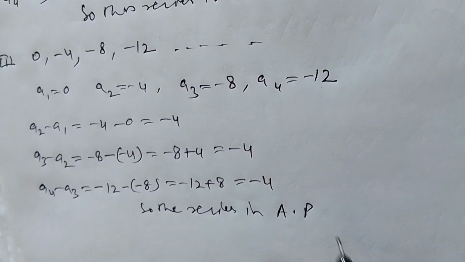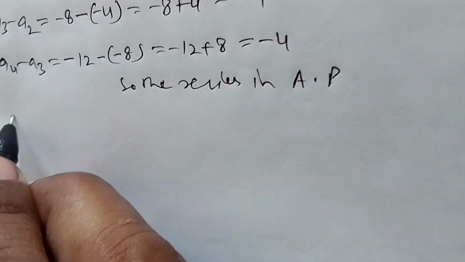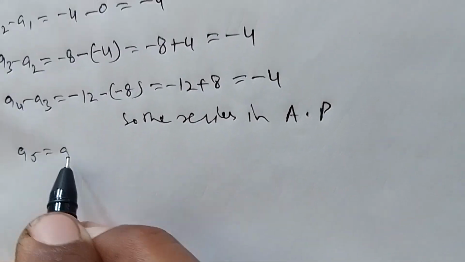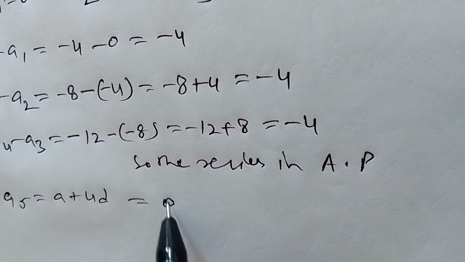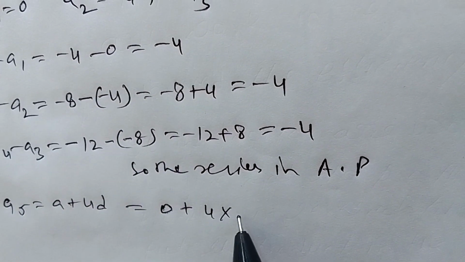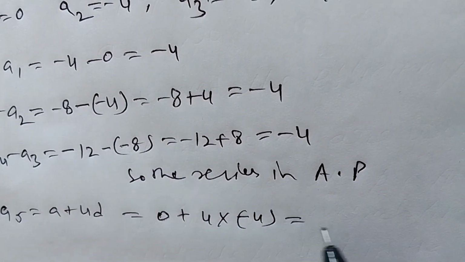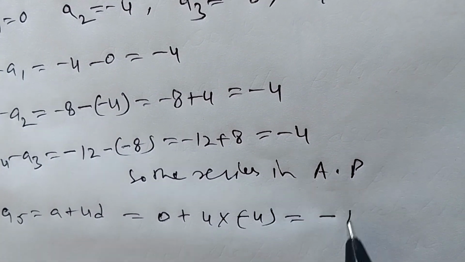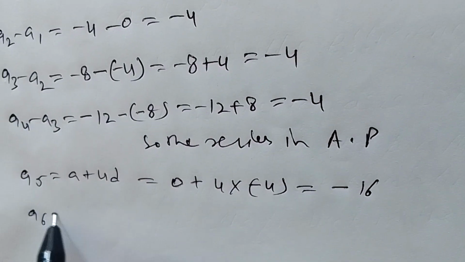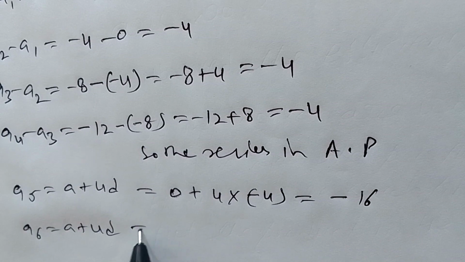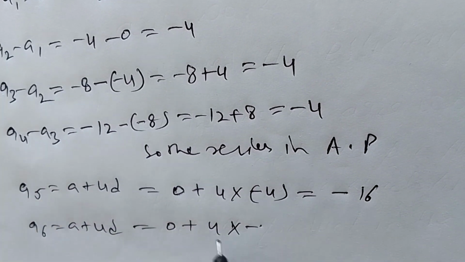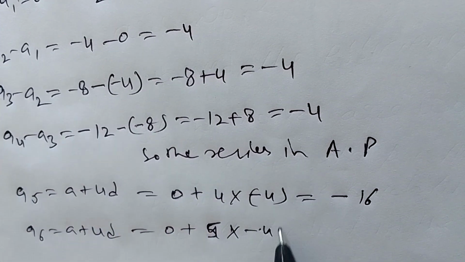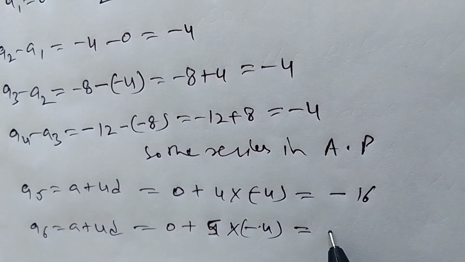Now we will calculate the next three terms, that is A5, that is A plus 4D. As we know, A is 0, then 4 multiplied by common difference D, minus 4, that comes out to be minus 16. Then A6, A plus 5D, that is 0 plus 5 multiplied by minus 4, that comes out to be minus 20.